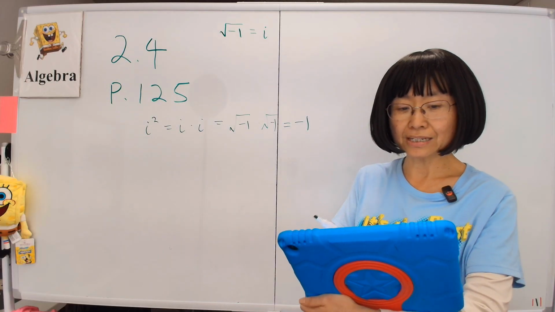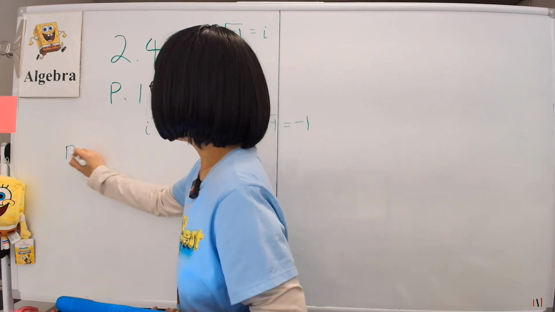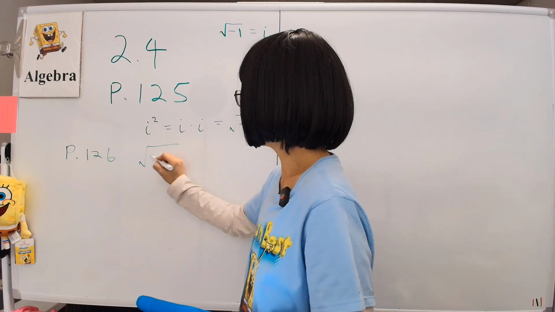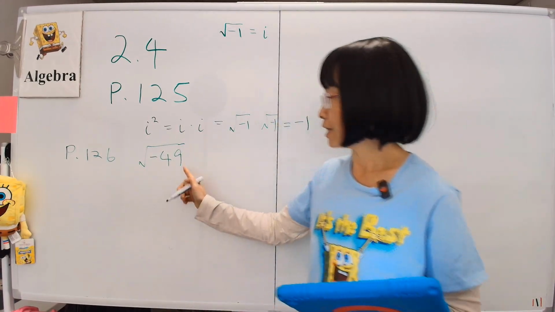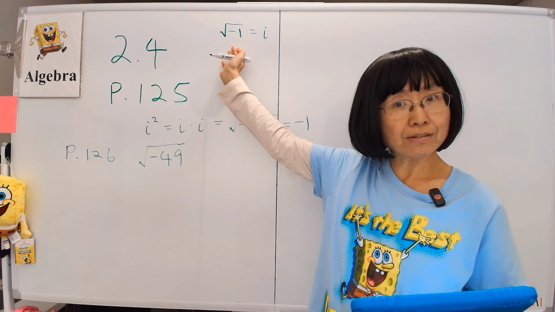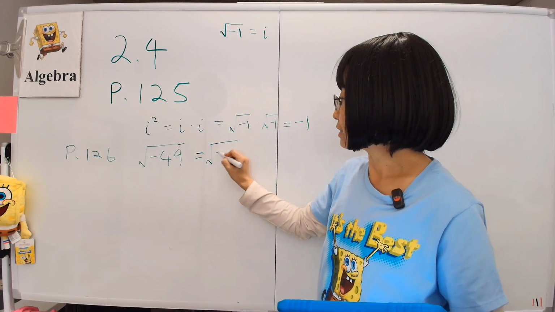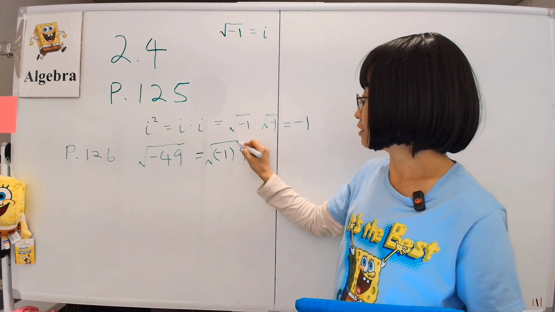Now let's look at the next page. So we're now on page 126, where we calculate, for example, the square root of negative 49. Now that we know that the square root of negative 1 is i, this square root will be calculated as negative 1 times 49, all under the square root sign.